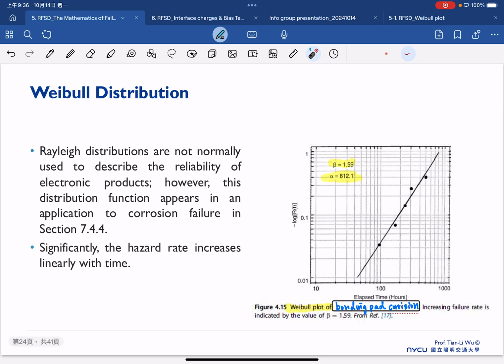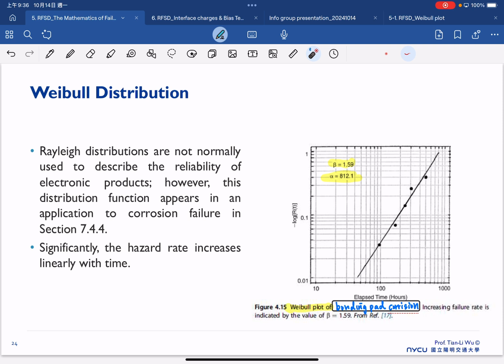Therefore, the Rayleigh distribution is not normally used to describe the reliability of an electronic product. However, this distribution appears in the application of cohesion values, where there is certain degradation related to cohesion, and we can use the Rayleigh distribution.